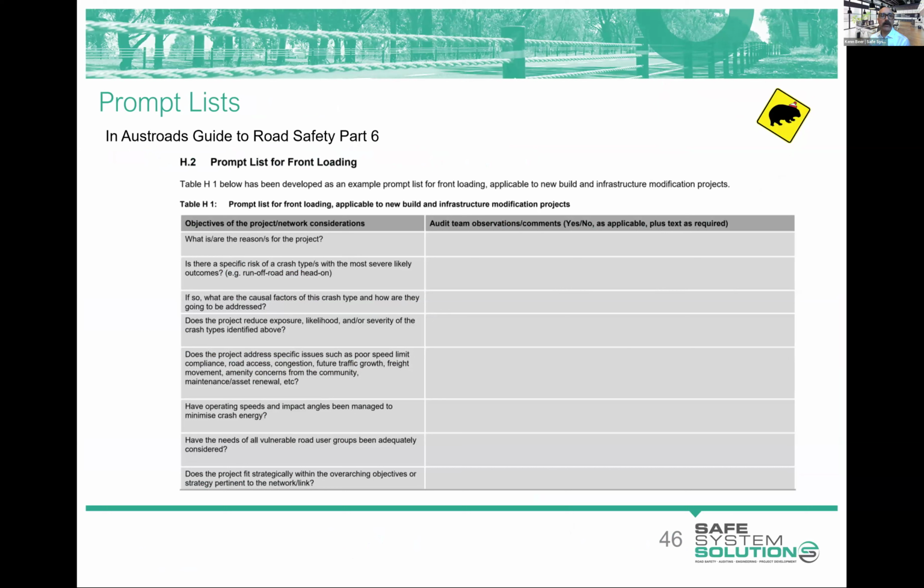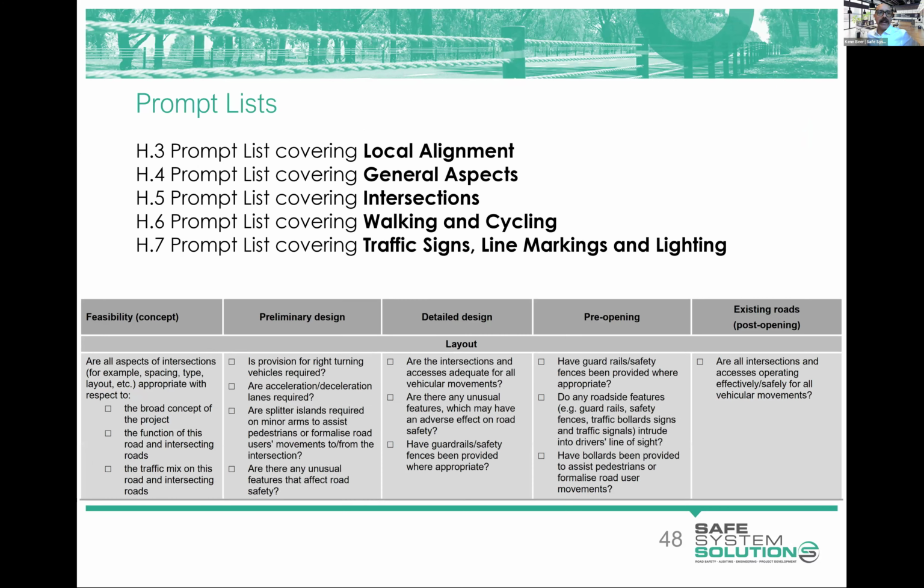In the back of that, in Appendix H, you'll see that they have some general questions to start, helping you ask questions of whoever you're doing the audit for to get context of the project. They're just a guide, a few questions you could ask, so you really understand the scope of the project they're doing. Then prompt lists H3 to H7 cover things you can use as a road safety auditor to prompt your thinking.